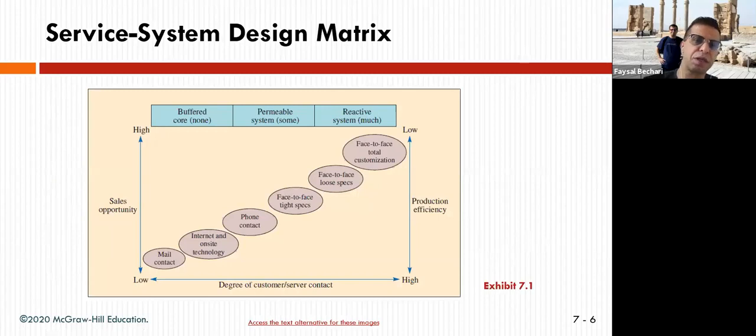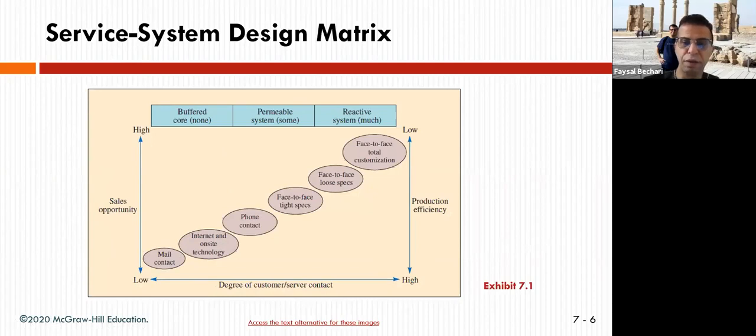The service systems that we have depend on whether you have a high sales opportunity or a high degree of customer service contact. These are the things that you look at. For example, there is mail contact, where your sales opportunity is really low and the customer service contact is low.